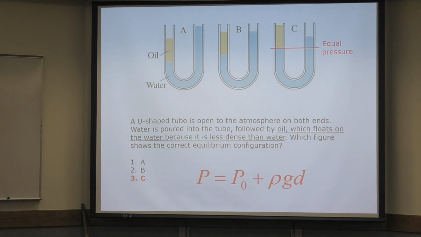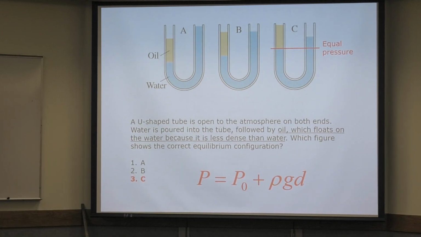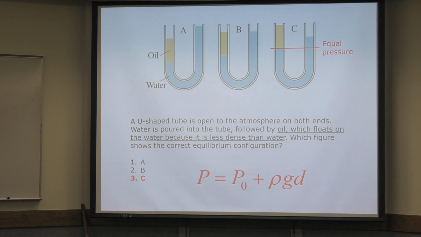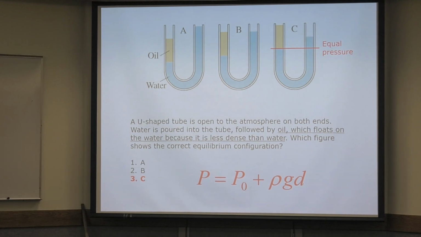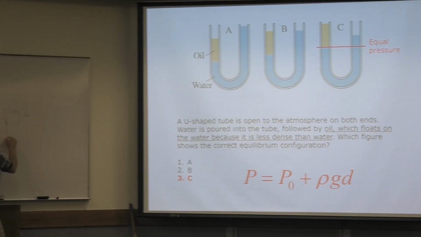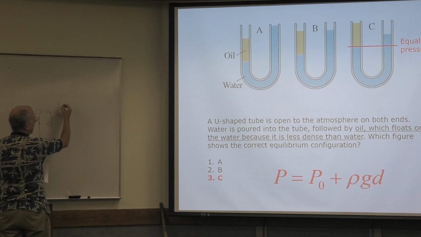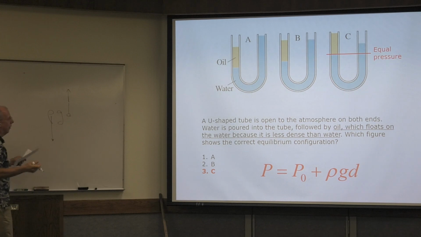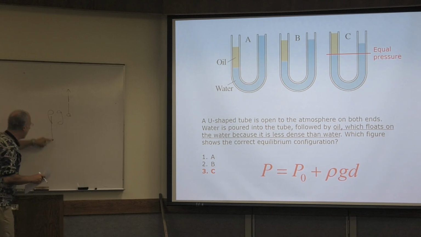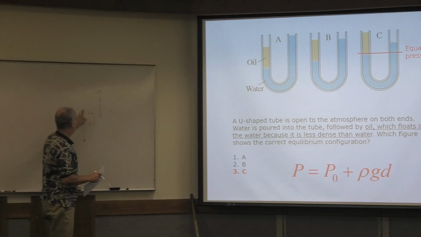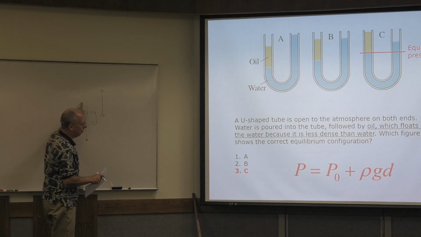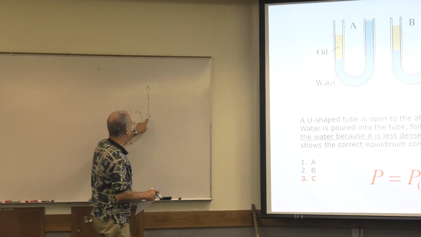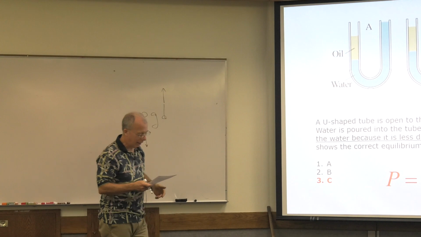Just look at the rho g d. For the oil, the density is small, so that means this is going to be large. The density of oil is less than that of water, but this thing has to be the same for both oil and water, so there's going to be more oil. I hope that makes sense.